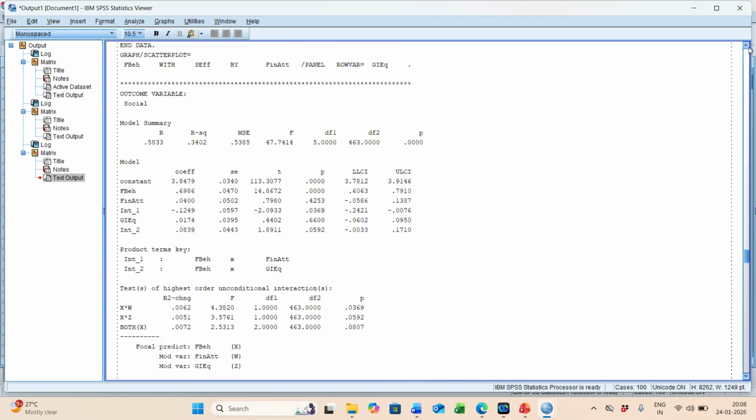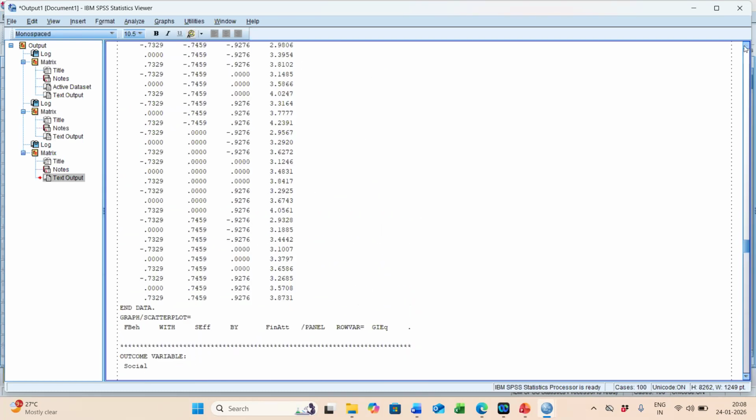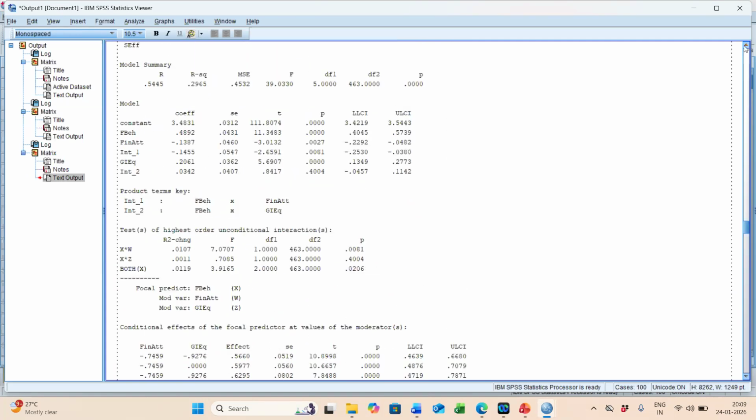So many tables are there. Okay, this one.